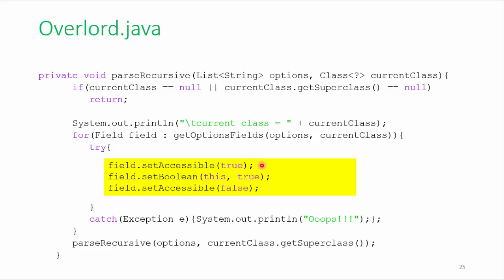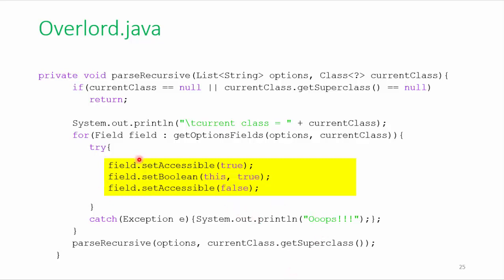But before doing that, because the field is actually private, you need to set it to be accessible. And then once you are done with your metaprogramming operation and have set it to true, you set it to be not accessible anymore. So you open the door, you close the door, in a manner of speaking, okay? So this is the syntax to set a specific Boolean field, represented by an instance of the Field object, in a specific object to a specific Boolean value, okay? And that's pretty much it.